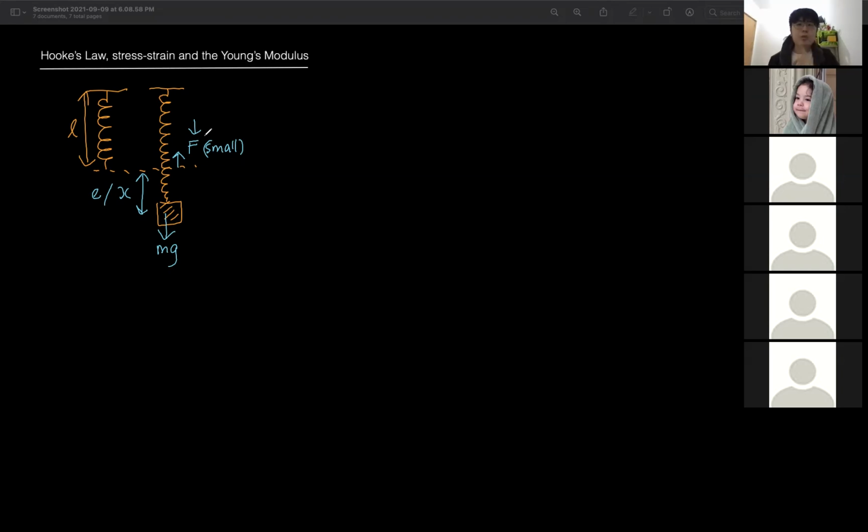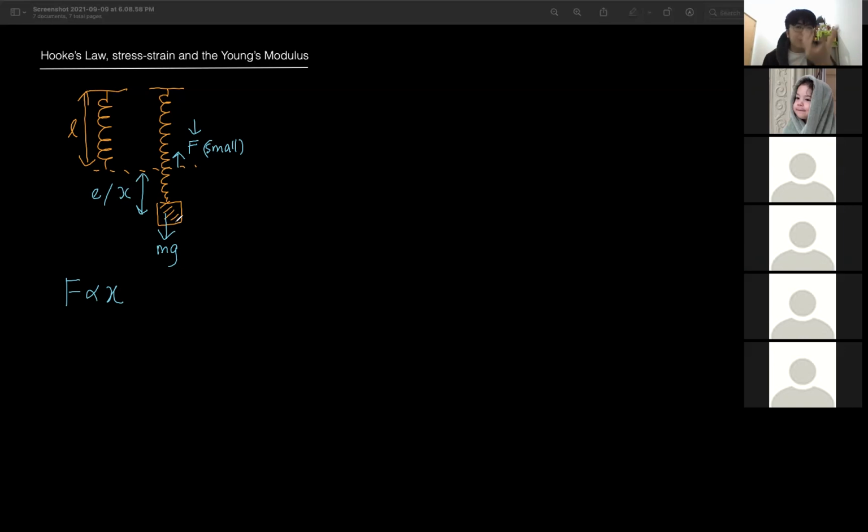Now, according to Hooke's law, what does Hooke's law say? Hooke's law says that the force is directly proportional to the extension, right? So as you go further and further down, the force increases. Imagine you pull this load, you apply extra force, you pull it down.